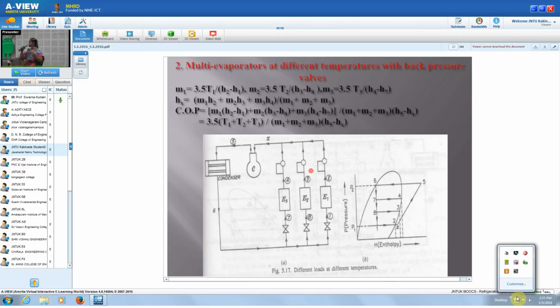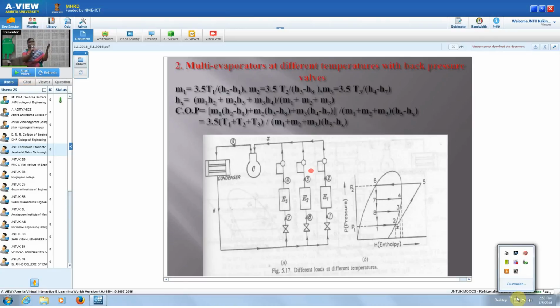So which will reduce to the suction pressure. Again all these are mixing and go. This is the case for multi evaporators. So evaporators are maintained at different temperatures.